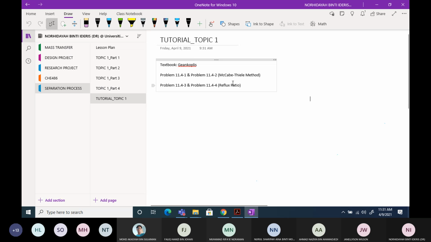Alright, for the Lewis-Sorel method, I will try to find the sources of the notes first. Maybe I can find another example for the Lewis-Sorel method later on. Right now, go to your book and look at problem 11.4-1.